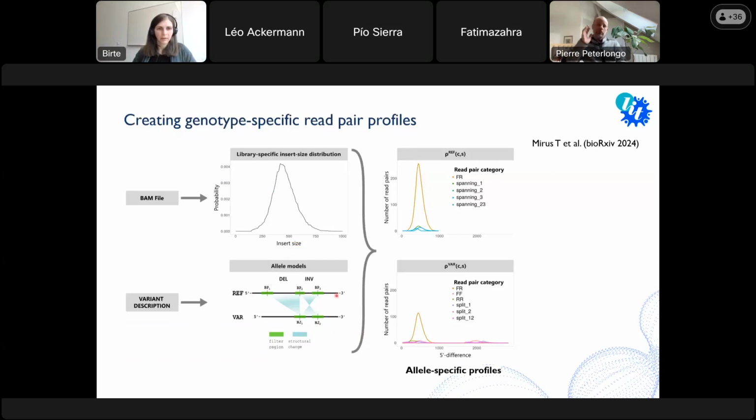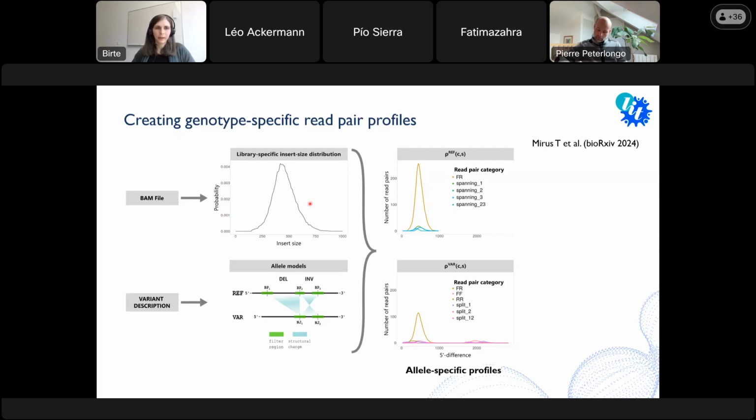Imagine this is the reference and variant allele where we enumerate all breakpoints, all read pairs of all insert sizes. Here we have the insert size distribution, which is library specific, so it's going to be different in every sequencing experiment, and we can measure it using some sampling from the entire genome in the BAM file.